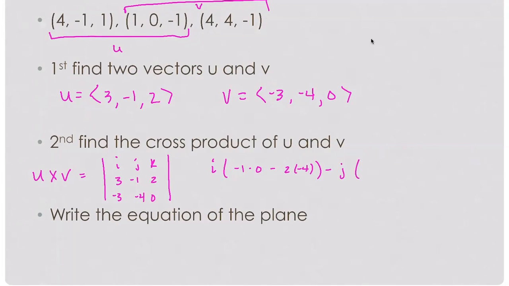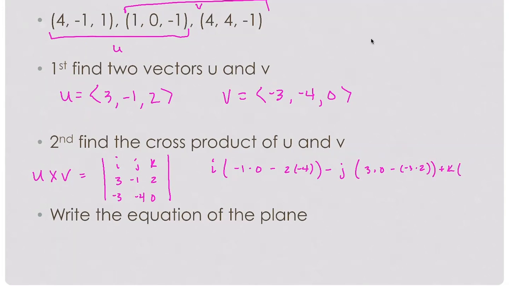Again, find the determinant of the 2 by 2 created by the bottom of the first column and the bottom of the third column. So we'd have 3 times 0 minus negative 3 times 2. And the last one would be plus k.